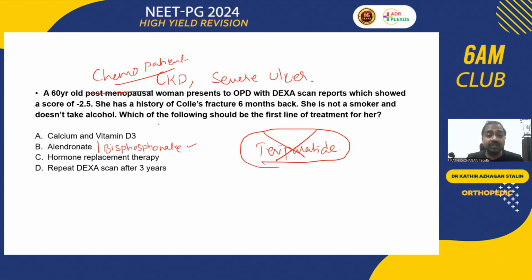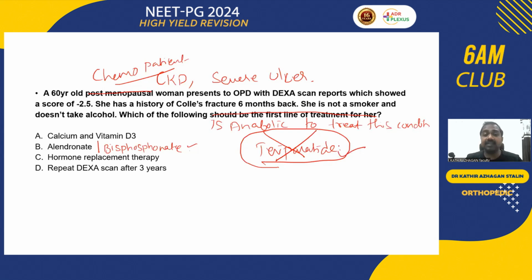Okay. And instead of using the word, which of the following should be the first line of treatment? Instead of this, which of the following is anabolic to treat this condition?